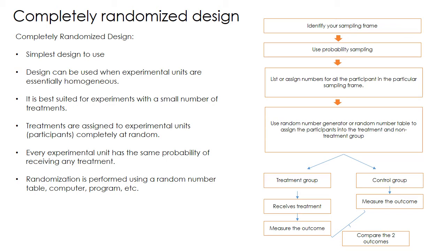When you compare, you're able to see if there are any differences in the fever values between the treatment and control group. If there is, that means the drug does have an impact.